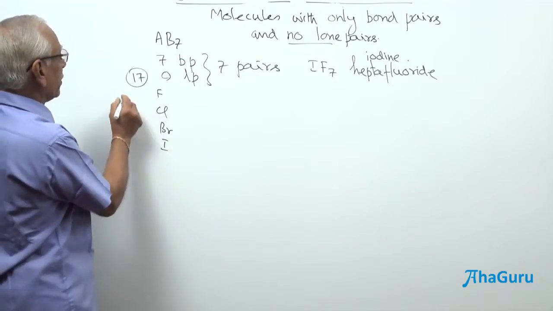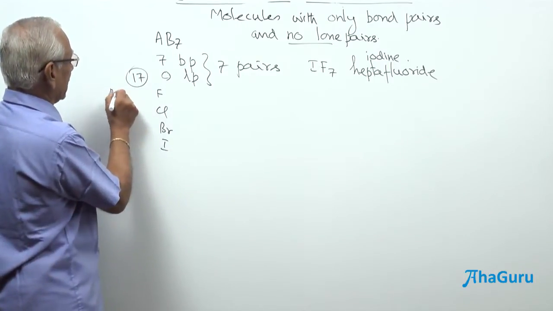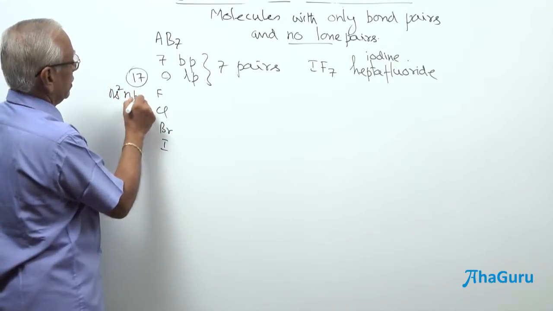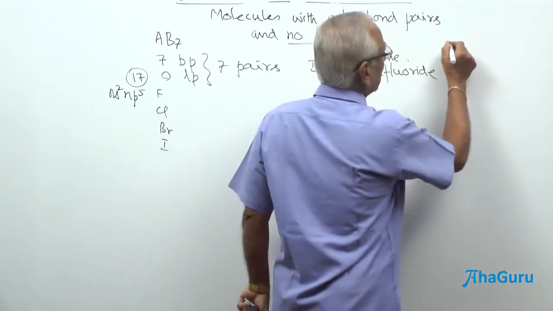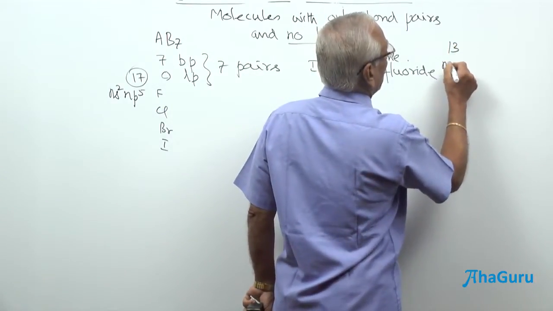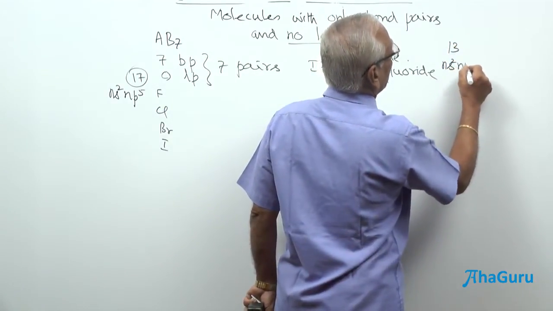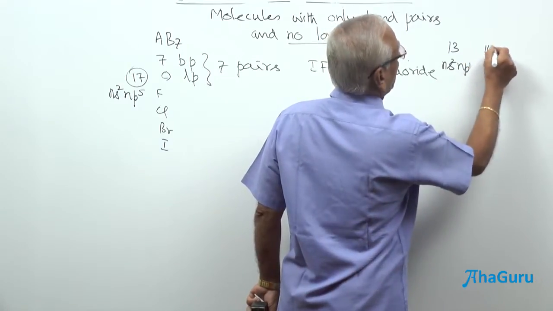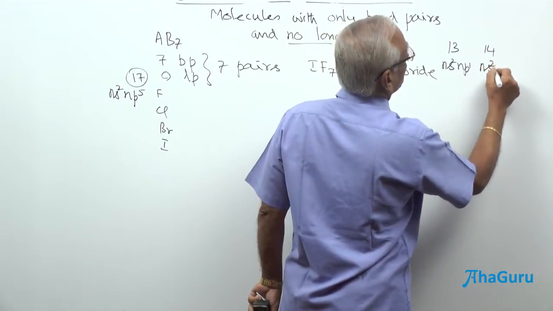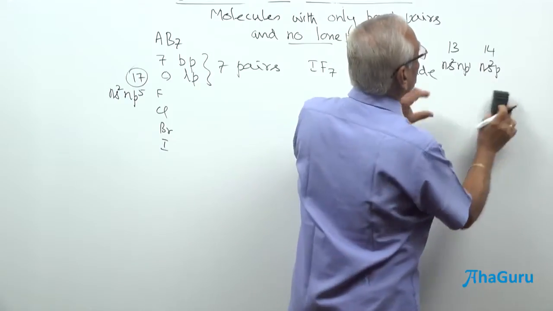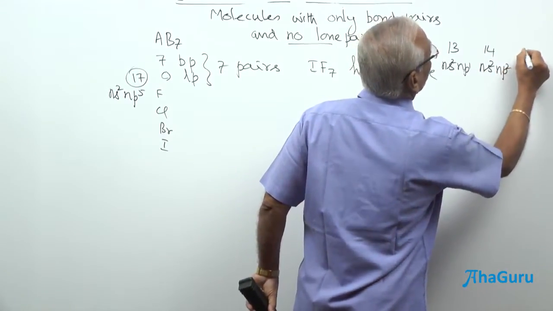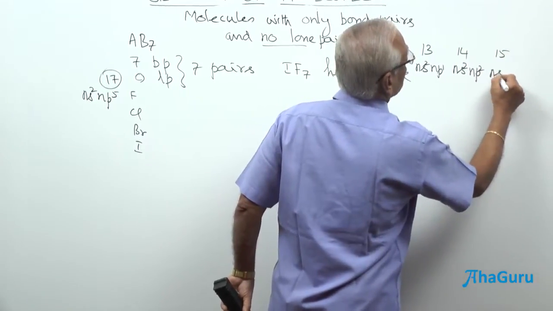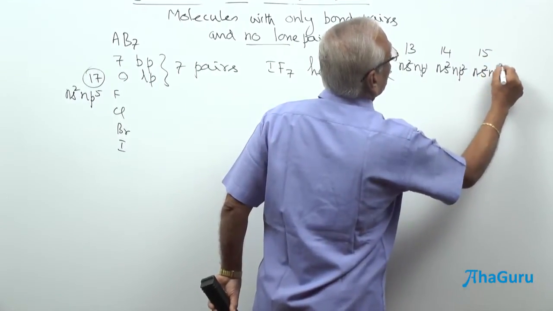The general electronic configuration of group 17 should be ns2, np5. Please remember, group 13, ns2, np1. Group 14, ns2, np2. One more electron, np2. Group 15, ns2, np3.